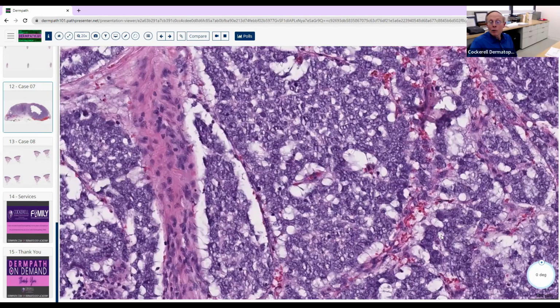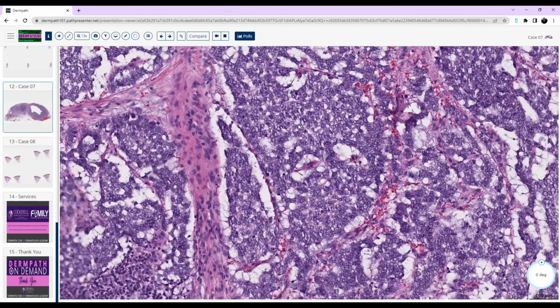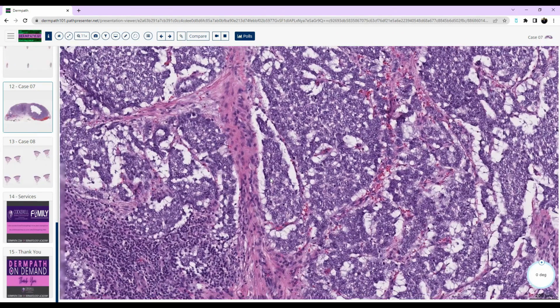Yeah, I agree. I mean, these cells have kind of this indistinct chromatin. What's one other potential item in the differential diagnosis? Looking at some of these whitish clear areas, you would have small cell carcinoma of the lung on the differential.